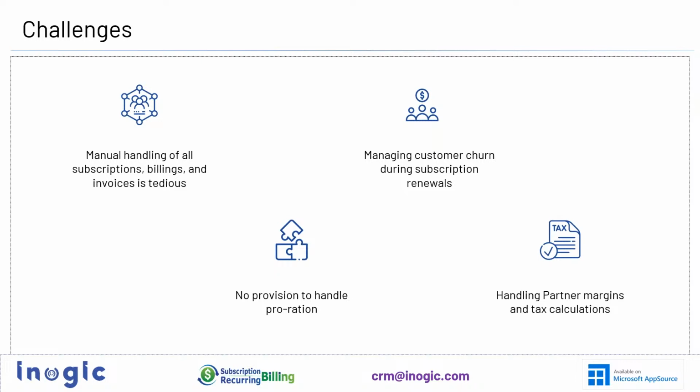Plus, if the entire process is manual, chances of human error are very, very high. Managing customer churn during subscription renewals is a big task. Very, very rarely, or in fact, I can be audacious to say there is no provision to handle the proration. And finally, handling the partner margins and the tax calculations.